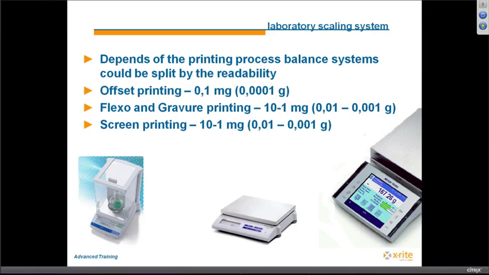For offset, we always say again 4 digits, and it's a worldwide approved concept, or recommendation. Same for flexo and gravure and for screen printing. Those figures are not coming from the air. They are really practically approved figures.